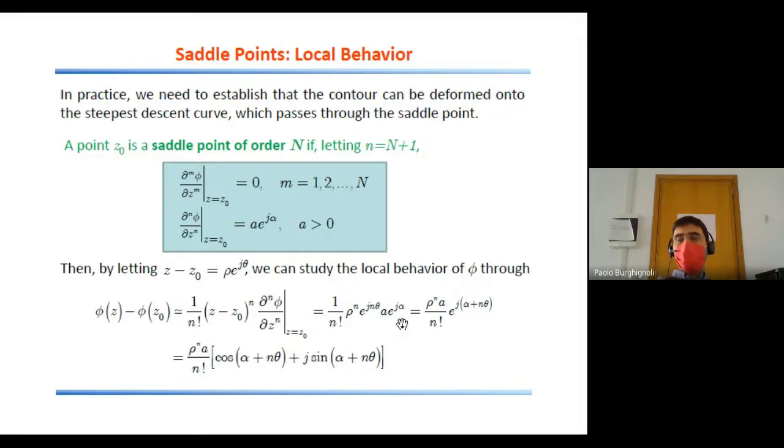If we collect the absolute values and the phases together, we have rho to the nth power times a divided by n factorial, and then in a single phase exponential, we have e to j alpha plus n theta.